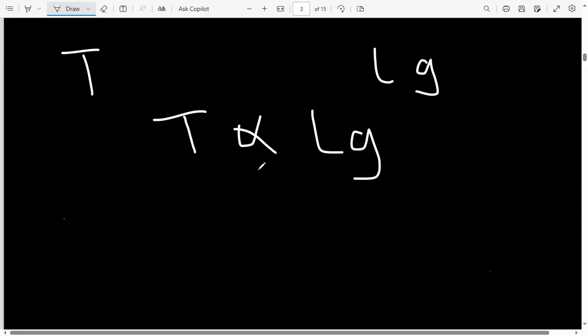So T is proportional to L and G. And then you have to raise this L and this G to a certain power, so an arbitrary power, a letter of your choice. So let's say L to the power A, and then this G to the power B like that.